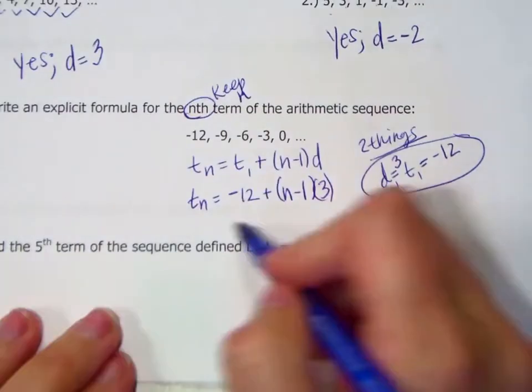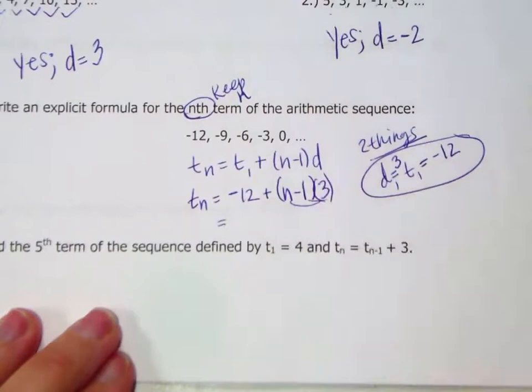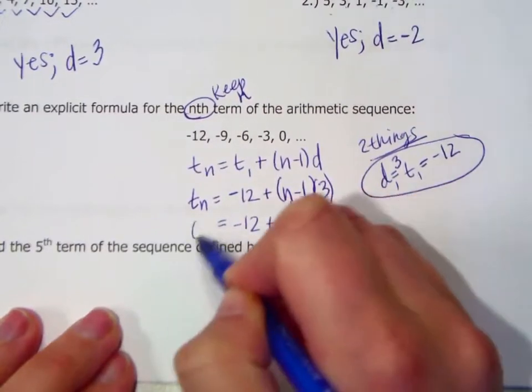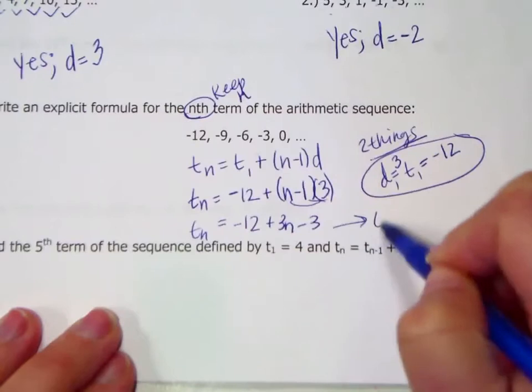And then we need to simplify. We're going to distribute that 3, so this is -12 plus 3n minus 3, and then combine like terms.